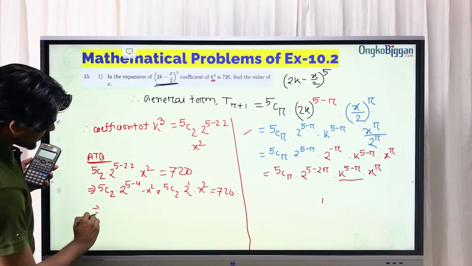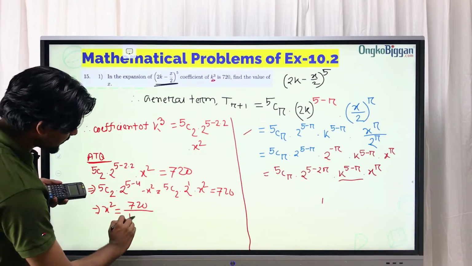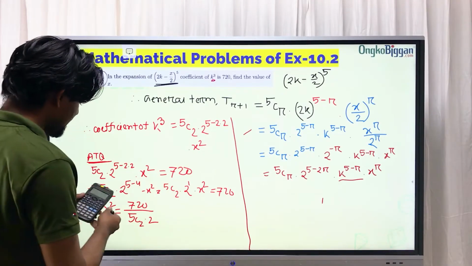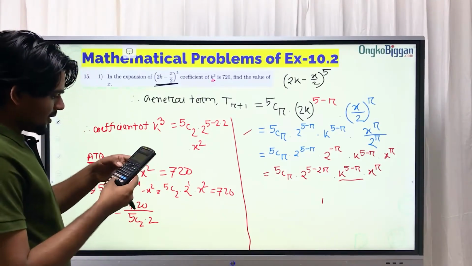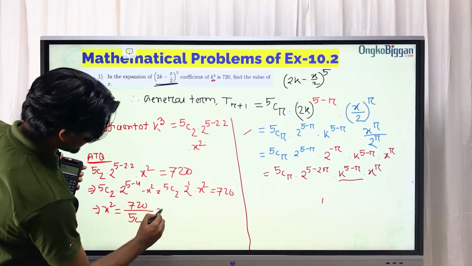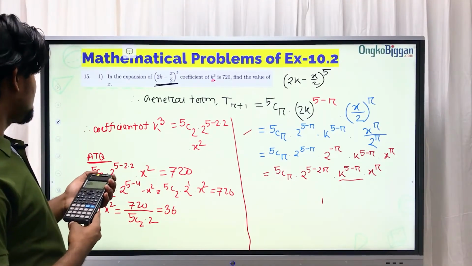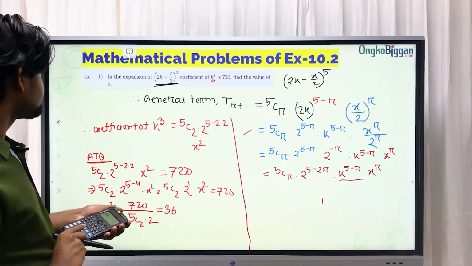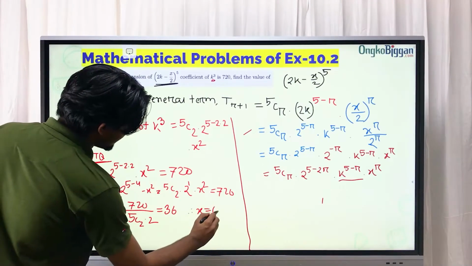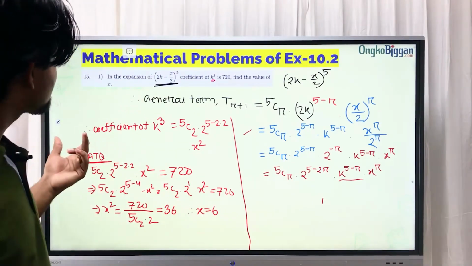So we divide 720 by 5C2 into 2, where 2 to the power 1 is equal to 2, and now we get the value of x square. 720 divided by 5C2 into 2 is 36. So the value of x will be 6, because 36 is the square of 6, and it can be plus minus 6 also.